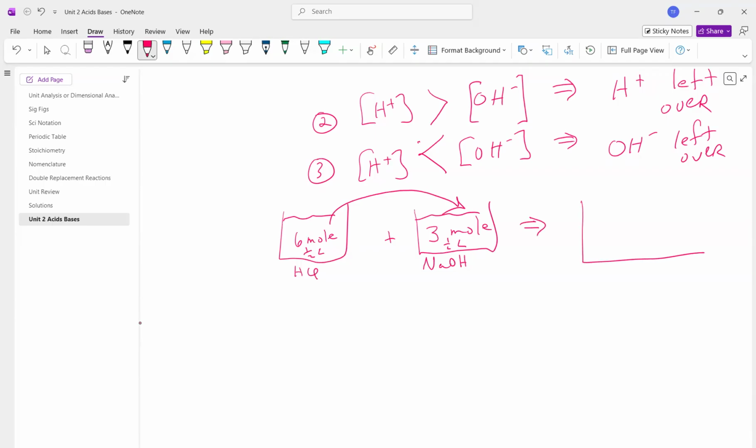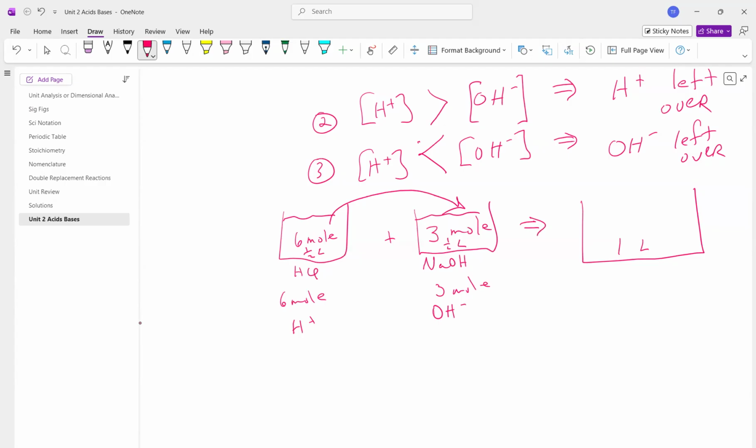So now you're going to have 1 liter of water, 1/2 plus 1/2 is 1. Remember, these are both strong acids and bases, so they totally dissociate. So that means we have 6 moles of HCl, we have 6 moles of H plus, 3 moles of OH, because they're strong acids and bases.